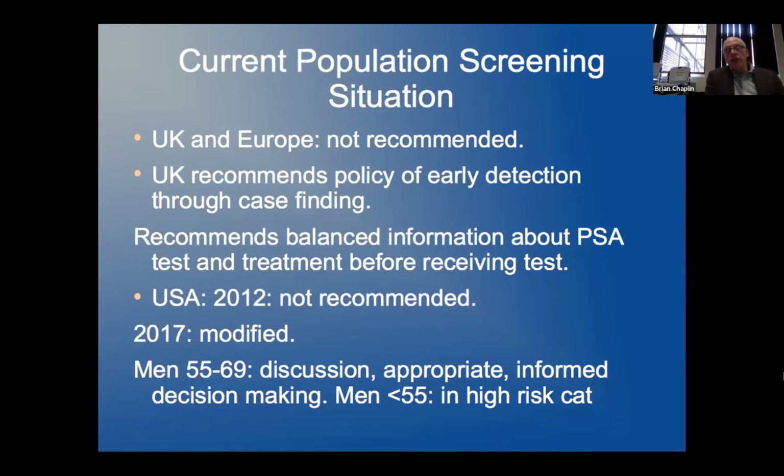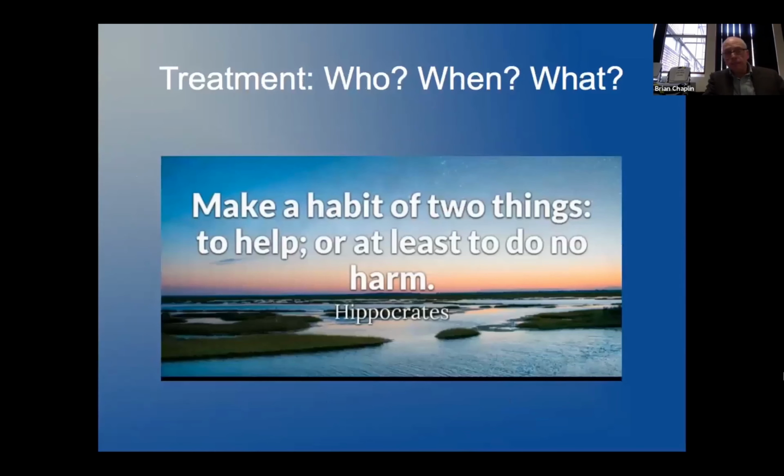In 2017, they've advised that men between the ages of 55 to 69 should have a discussion with their urologist, have an appropriate informed decision-making before going on to be screened. They also stated that men under the age of 55 who are in the high-risk categories, and I've just alluded to those earlier, African-American men, BRCA2 gene, strong family history of prostate cancer, they should be considered for screening in the urologist clinic.